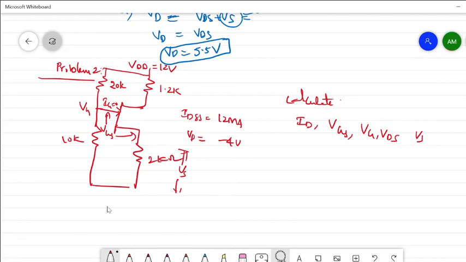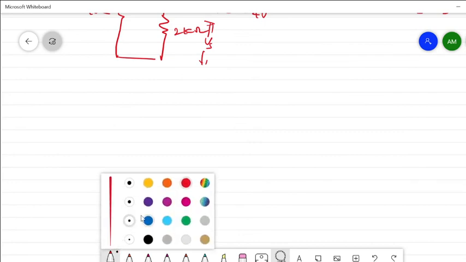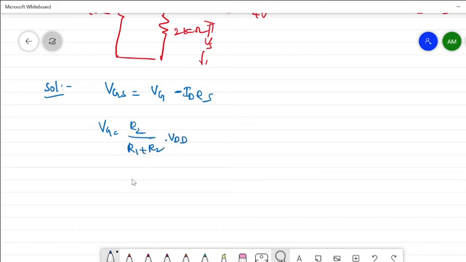Okay, so then the solution. First of all, you have to find out the VGS value. Then go to ID, VDS. First of all, find out VGS. So VGS is equal to, already we know the formula, VG minus ID into RS. For VG, from the voltage divider biasing method, the voltage divider rule, VG is equal to R2 by R1 plus R2 into VDD.